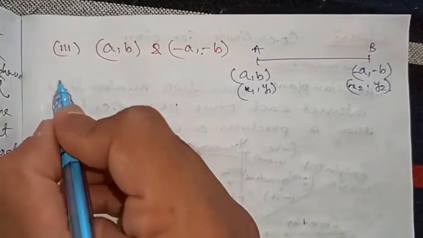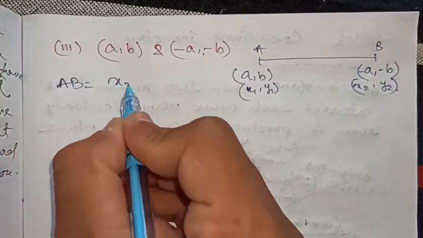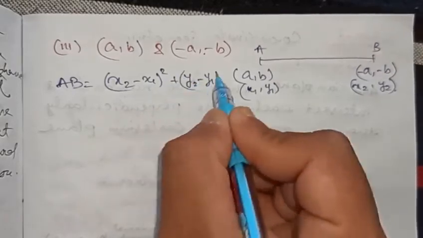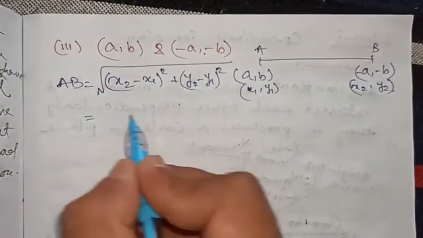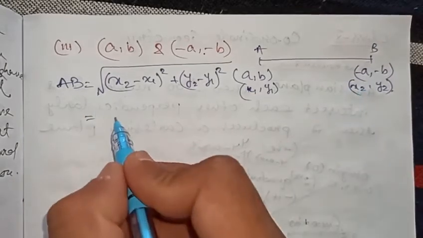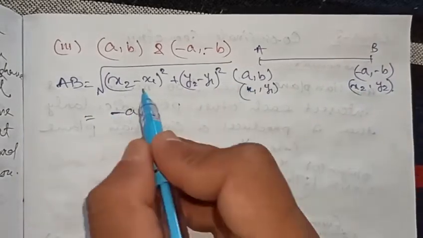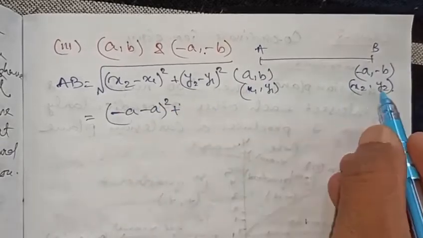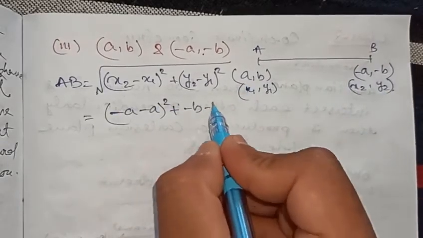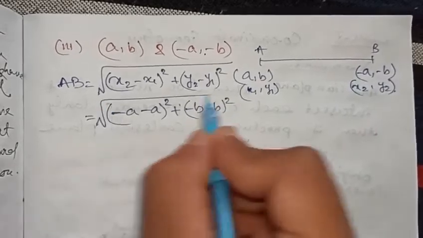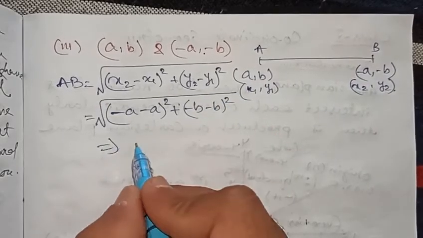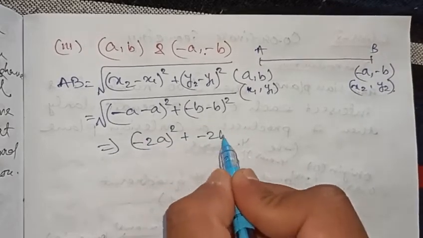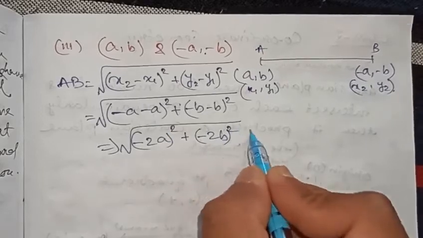Now the distance formula is AB equals the square root of (x2 minus x1) whole square plus (y2 minus y1) whole square. x2 is minus a, minus x1 is a, whole square, plus y2 is minus b, whole square. Minus a minus a is minus 2a whole square, minus b minus b is minus 2b whole square, under the square root.